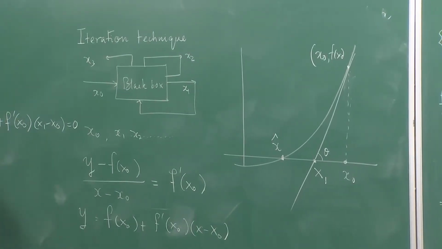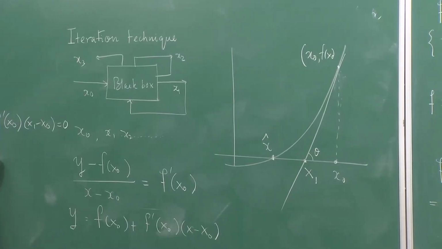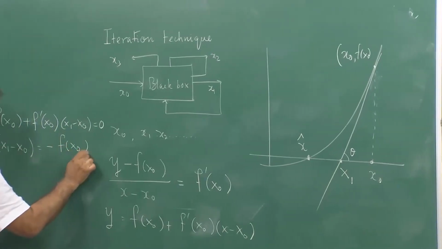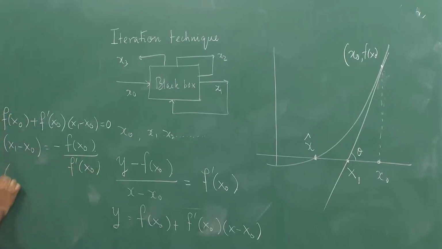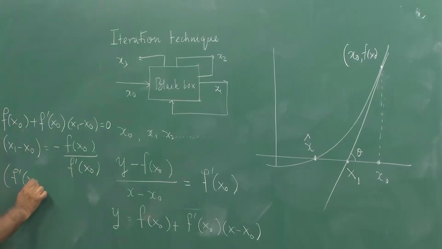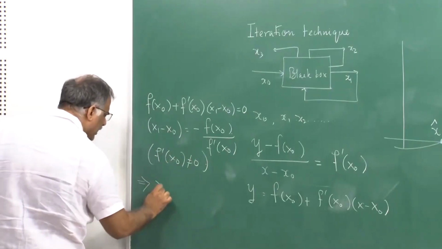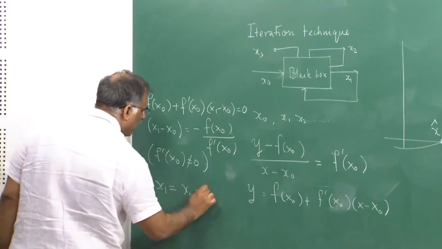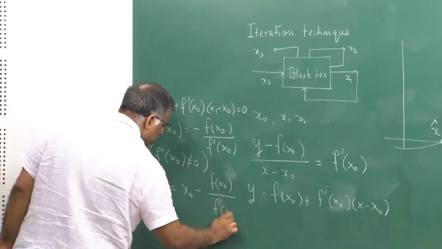So, I can write x1 minus x0 is equal to minus f(x0) by f dash x0, and this simply means that x1 is equal to x0 minus f(x0) by f dash x0.